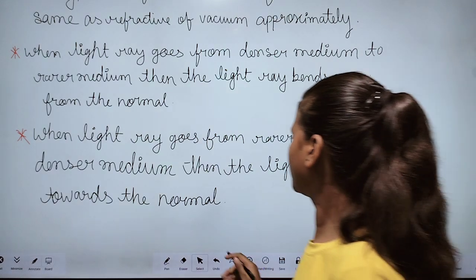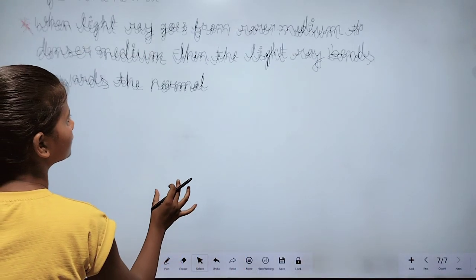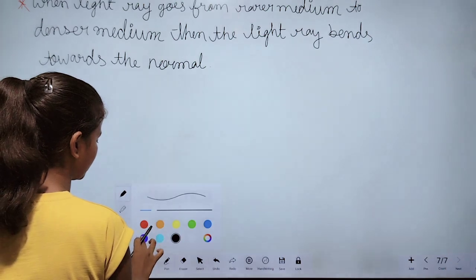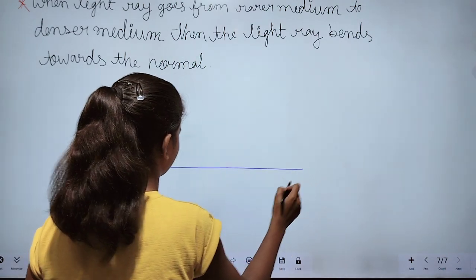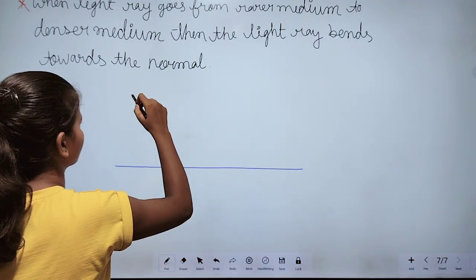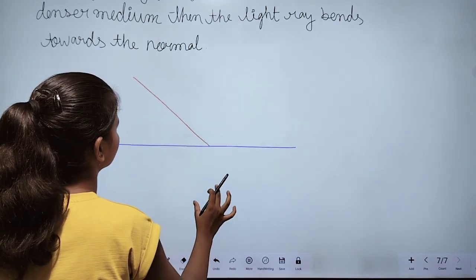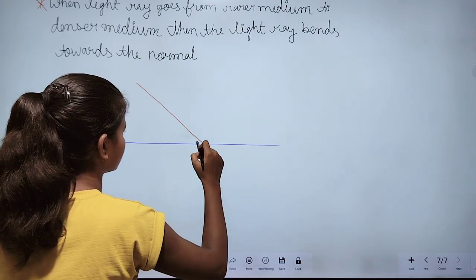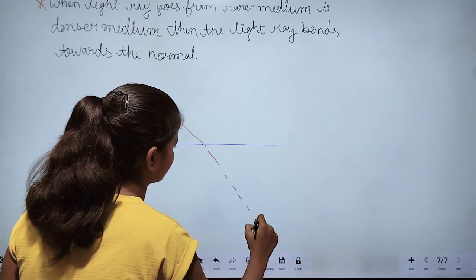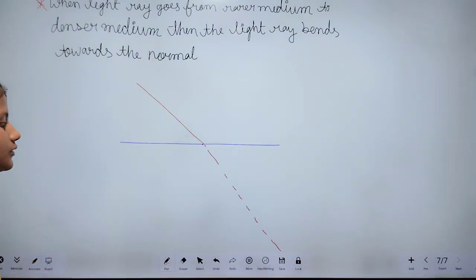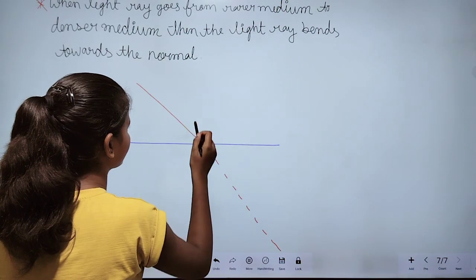Like here, you can see this figure. This one is our incident ray. If there is no reflecting surface, then the light would go in that direction.